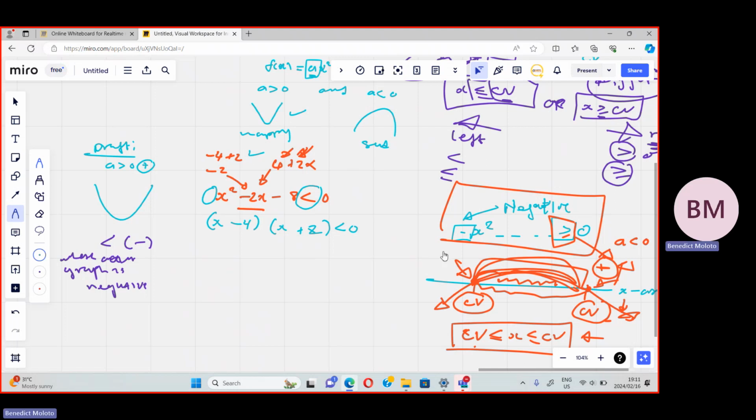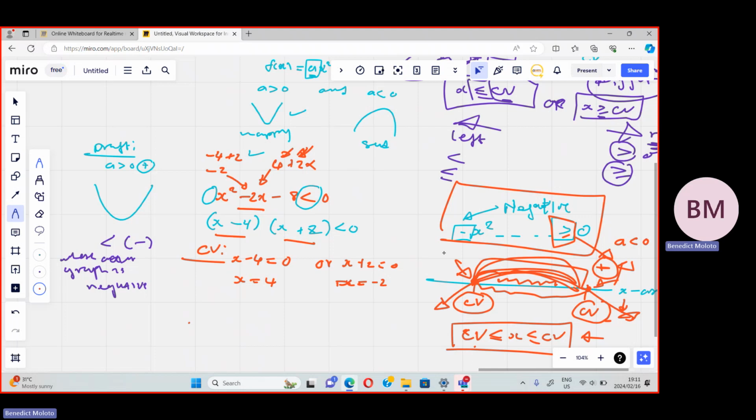What's happening here? We're going to find critical values. Critical values, I said, are your x-intercepts. So you set this to 0 and set this to 0. x minus 4 equals 0, so x equals 4. Or x plus 2 equals 0, so x equals negative 2.